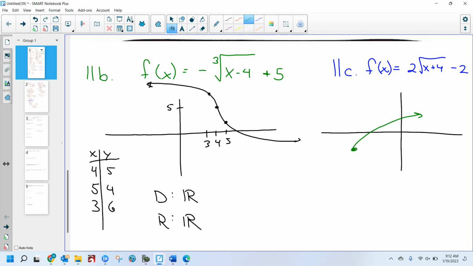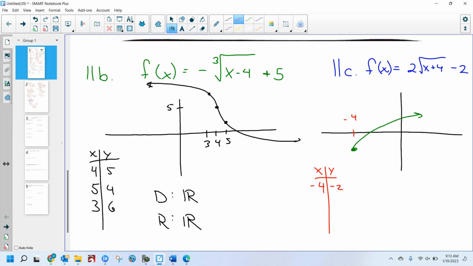Some strategic values for this one. Well, we don't even need to type it in, but what's negative 4 plus 4? 0, square root of 0, 0 times 2 is 0 minus 2. Oh, we knew that. That starting point was at negative 4, negative 2.